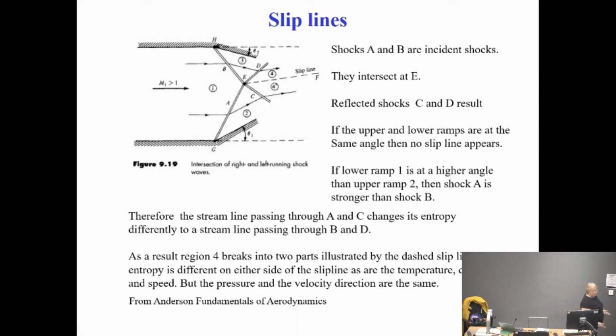In fact, it would be a higher entropy change than the streamline passing through B and D. So as a result, with different entropy, this breaks into two. The dashed line is the slip line. The pressure is the same on either side, the velocity direction is the same, but the actual values of the speed and also, for that matter, the temperature and the density are different.